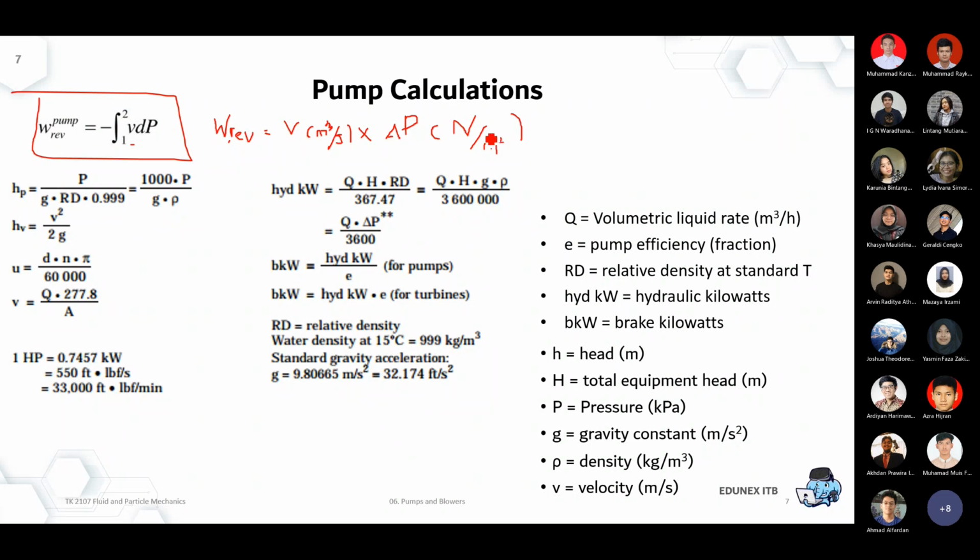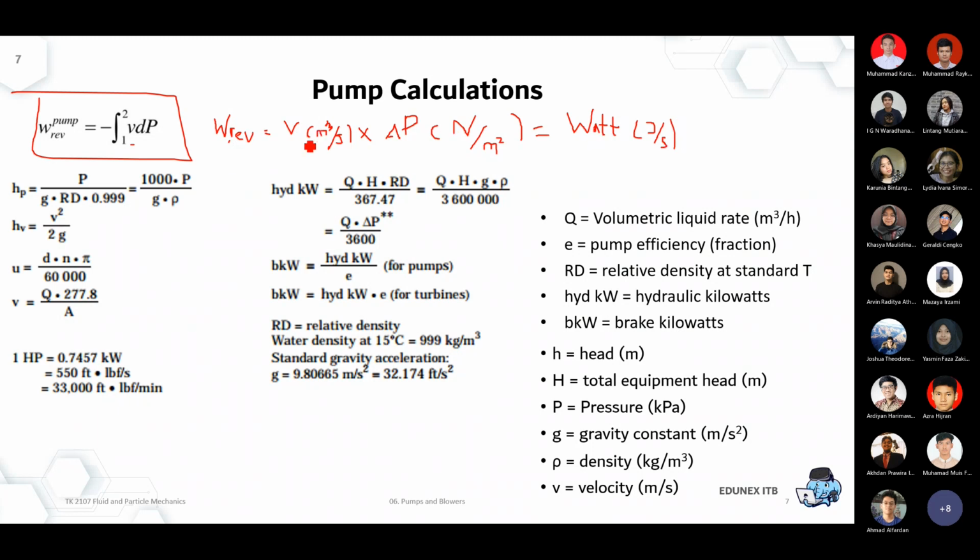That will give you watt, or joule per second. So you can double check the conversion. If you always want to start with SI just to make it safe, that's all right.